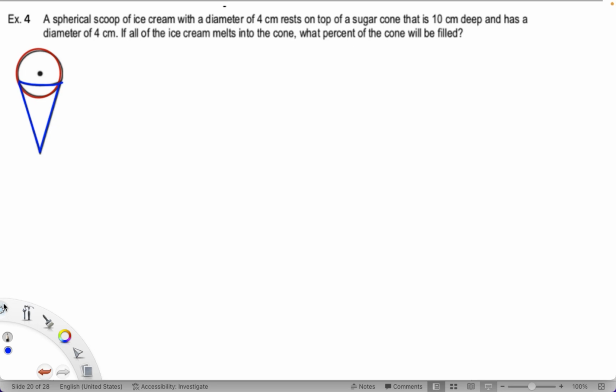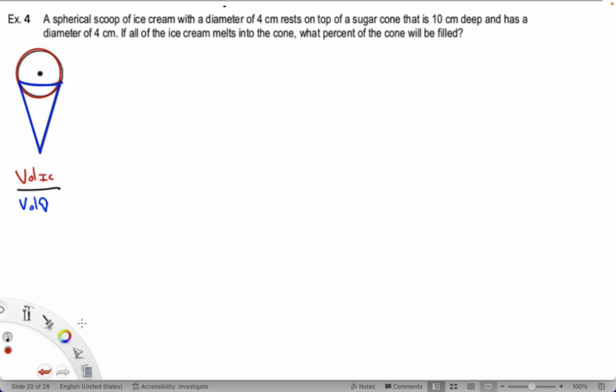There's the ice cream cone. And then we're just going to take the volume of the ice cream over the volume of the cone, and that's going to get us the percentage.